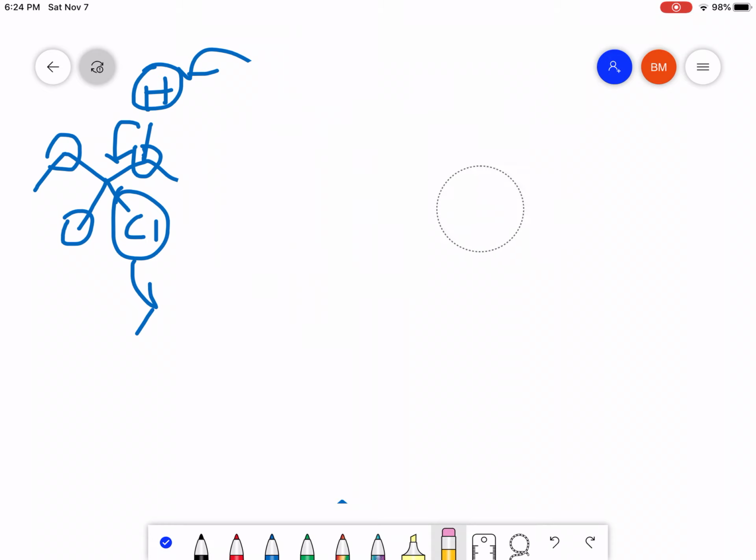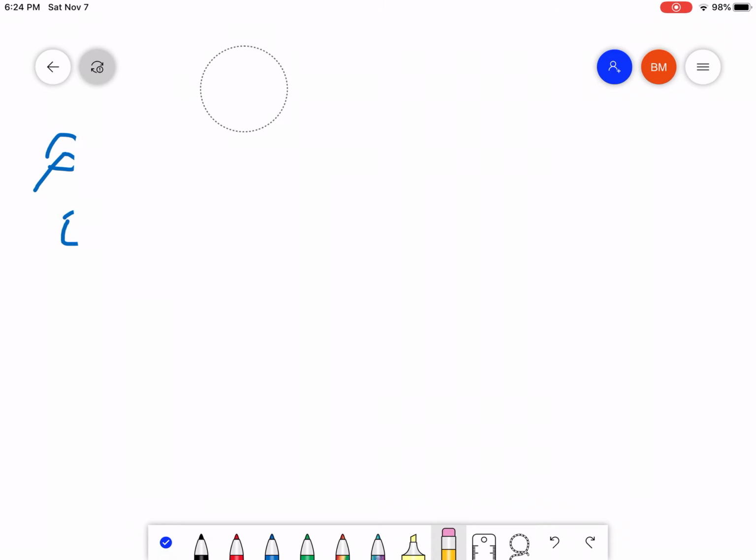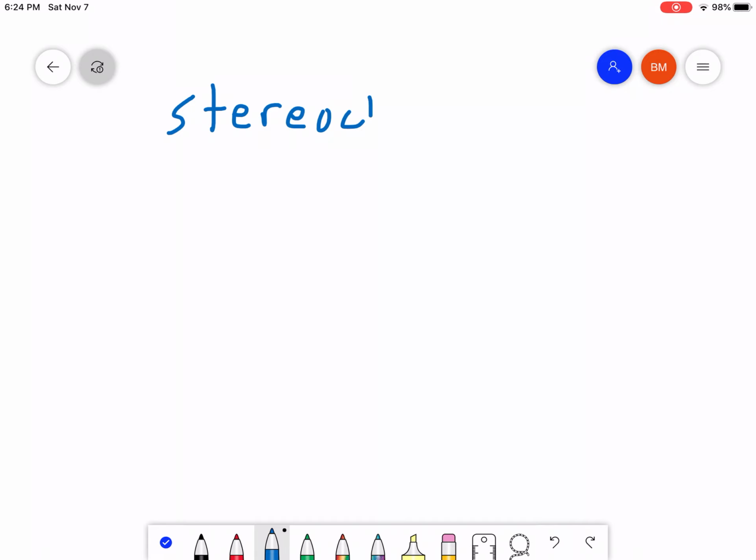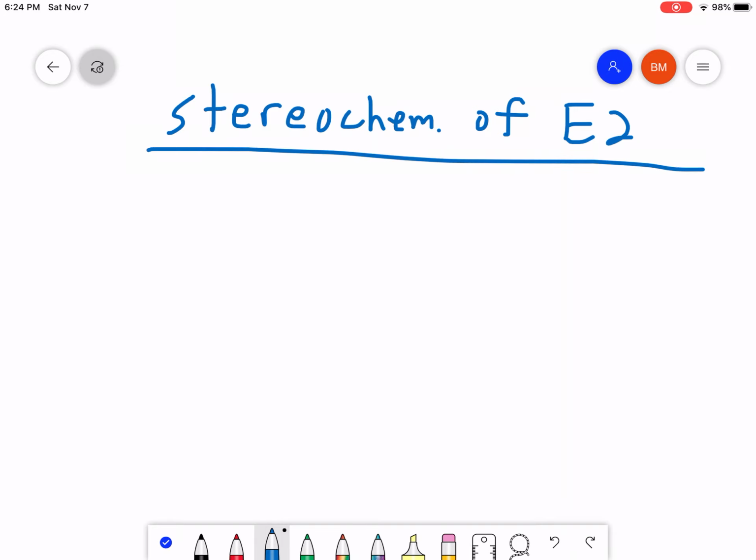Let's talk a little bit more about these stereochemical situations. Let's talk about stereochemistry of E2. And we can get a little bit of insight on how it's possible to get more than one, like cis or trans or E or Z. If we're looking at the stereochemistry of E2 reactions, you're taking away a beta hydrogen and you're taking away a halide at the same time, right?